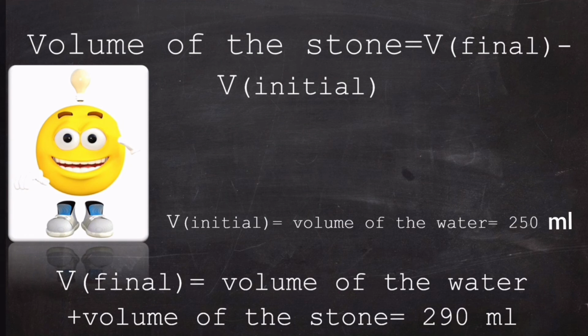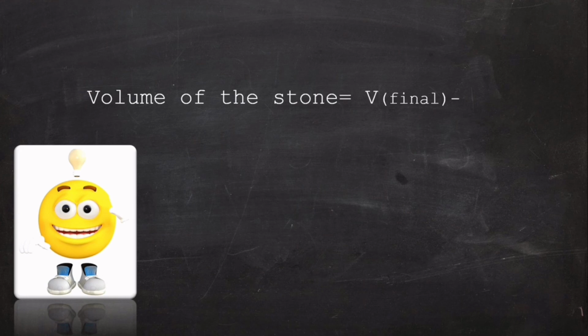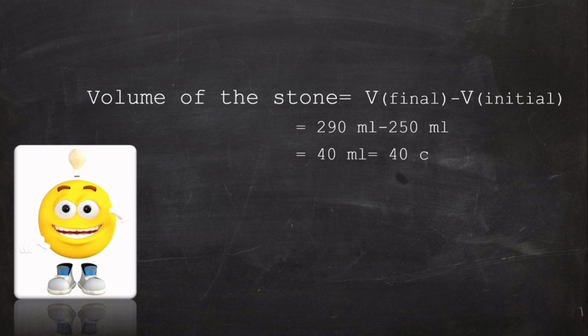The initial volume of the water is 250 ml, and the final volume of the water along with the stone is 290 ml. Hence, the volume of the stone is equal to 290 ml minus 250 ml, and therefore 40 ml.